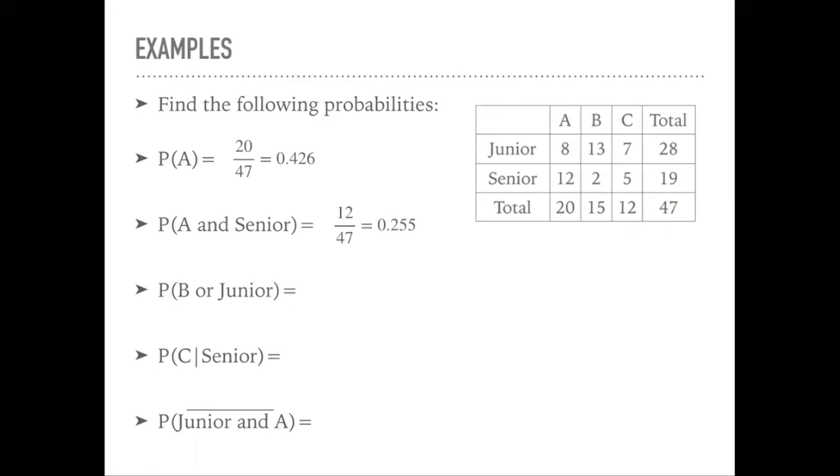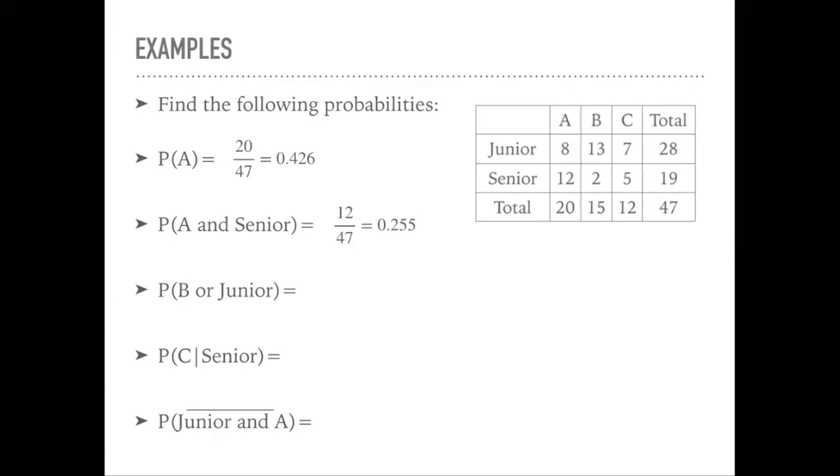Alrighty. What about the probability of getting a B or a junior? We're thinking probability of getting a B or being a junior. So we have 15 plus 28. We've got to subtract off this 13 because it was counted twice.